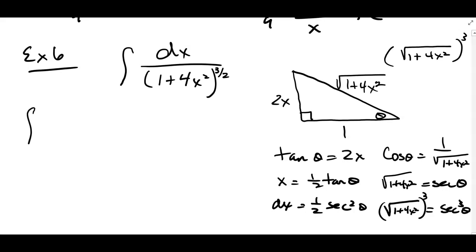Do your substitutions. Your dx is 1/2 secant squared theta d theta. I forgot the d theta over there. I always forget that. Over secant cubed theta.